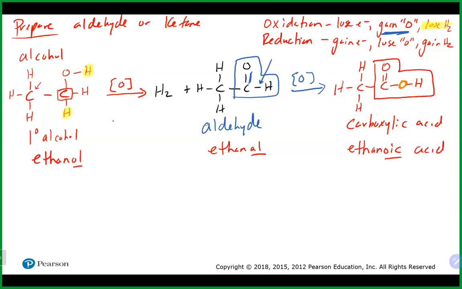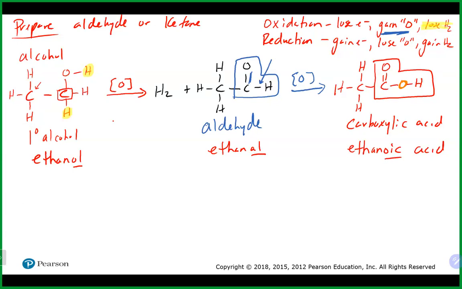You put -oic acid at the end of it, and they're all basically based off of the same name, which is all based off of ethane as you go through it. Any questions on that there? So to prepare an aldehyde, you basically take a primary alcohol, you oxidize it, and you will make an aldehyde.